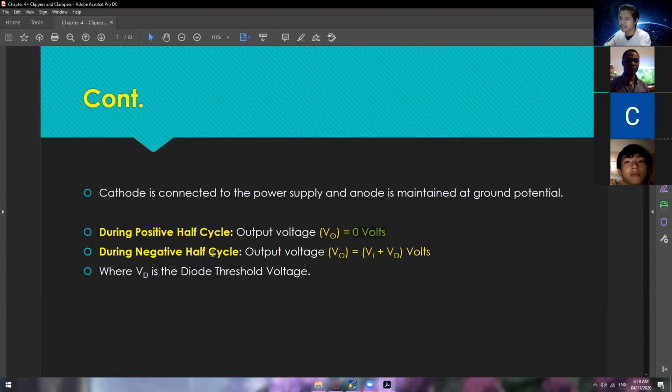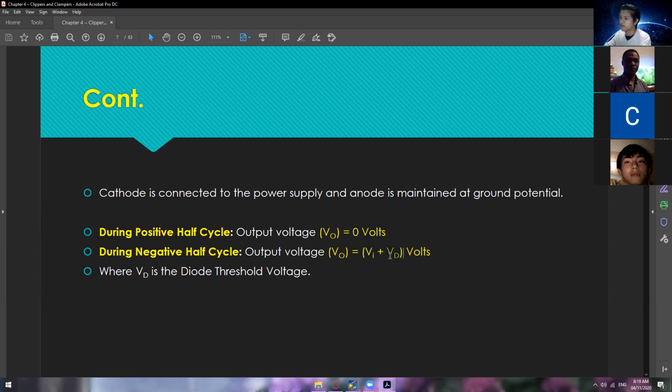For the negative half cycle, the diode now allows current to pass through, so we have a voltage output that you get from our V sub I, the voltage input, and the voltage threshold. Those are the things you need to consider.